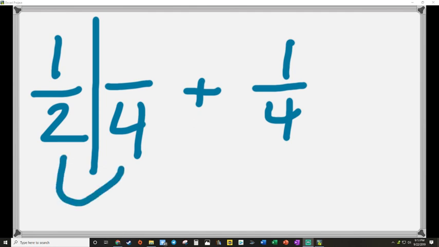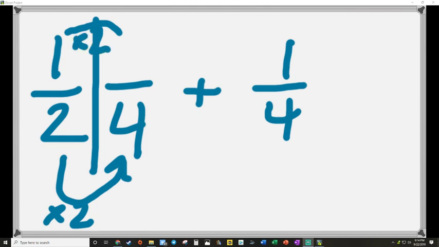Since we had to multiply 2 times 2 to get 4, to make both 1/2 and 1/4 have common denominators, we have to multiply the 1 at the top of the half by 2. So 1 times 2 equals 2. Now we can add 2/4 plus 1/4.